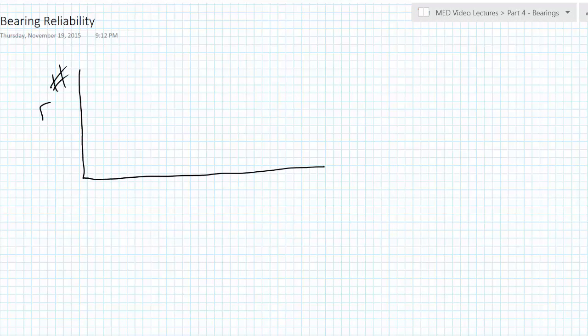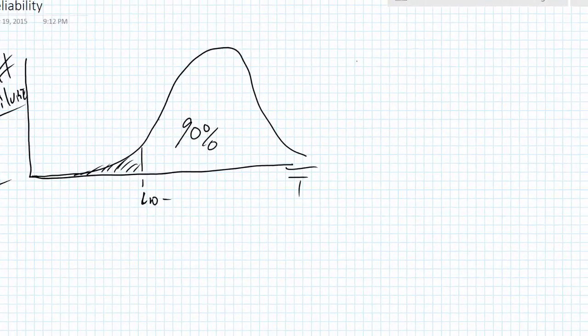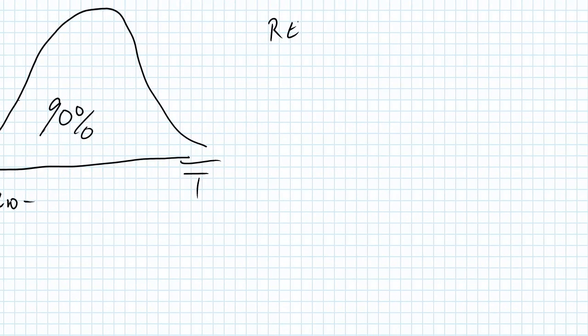So recall that our ratings of C10 and L10 are such that at a load of C10, the life that we can expect where 90% of the bearings will still be working at that load of C10 is our L10 cycles. And so a manufacturer will specify their reliability.